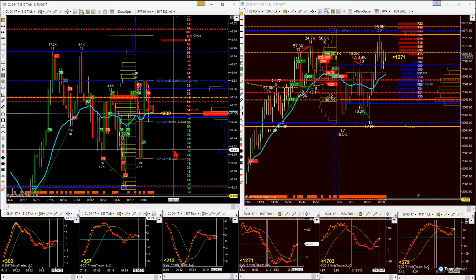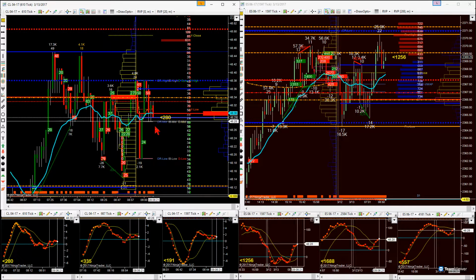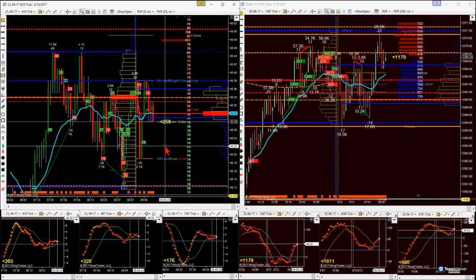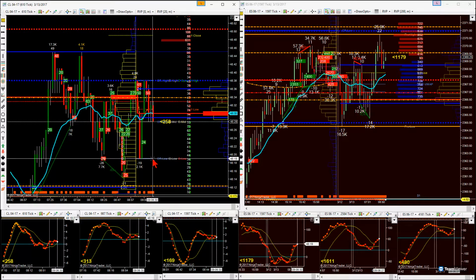We could see how we're really staying right near Friday's low. We're testing, to see if we can get back into Friday's range and start trading up towards Friday's VPOC. If we continue to stay down here, we get a little bit of a move down with a pullback, I'd be potentially looking for a short. Current low of day, 48.19.